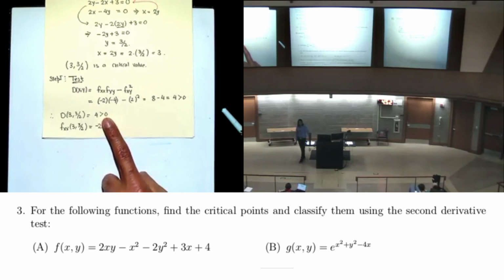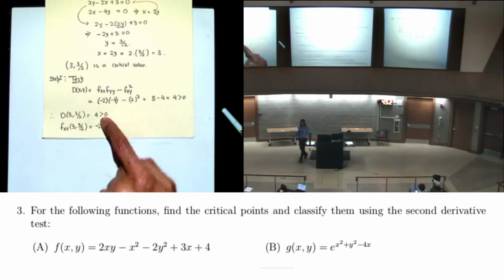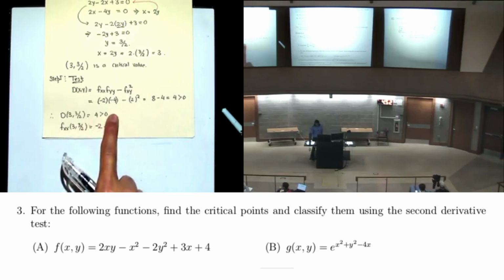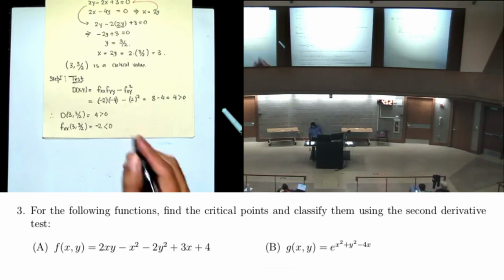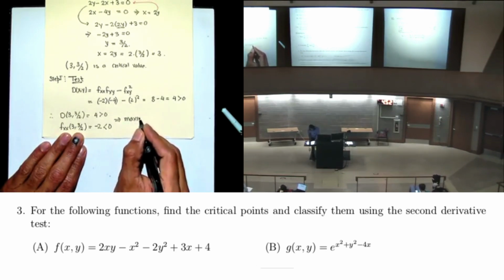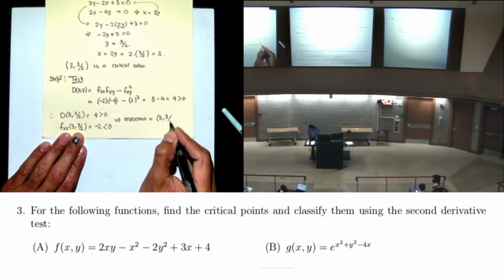And if D is 0, we are done; we can't say anything. But if D is positive and fxx is negative, this will give you the maximum. So the maxima is equal to 3 and 3/2.